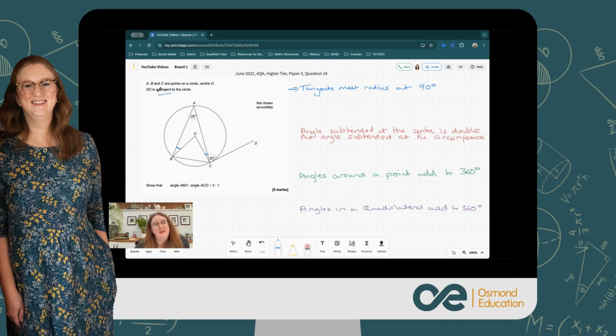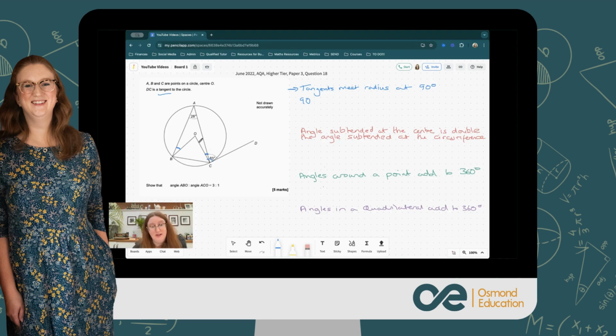Now, I've already said tangent in the question gives me the clue that I need tangents meeting radiuses at 90 degrees. Now, that makes this whole angle in here 90 degrees because O to C is a radius. Now, if the whole thing is 90, then I can work out the tiny little bit in here, which I'm looking for.